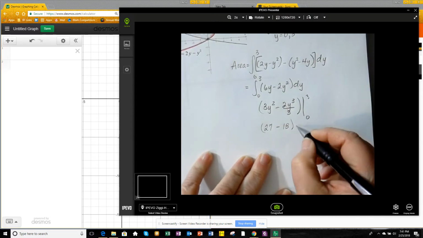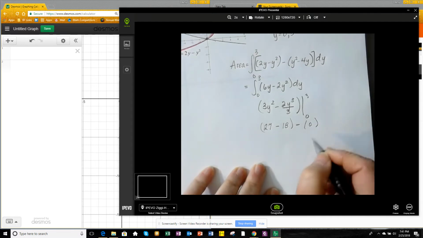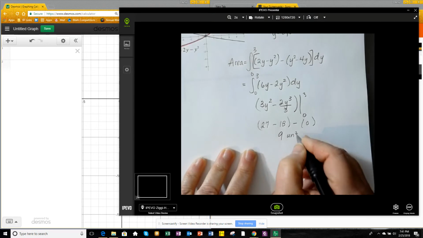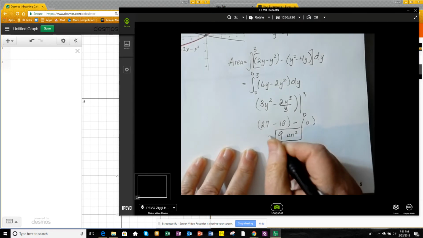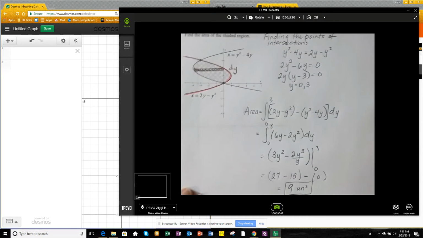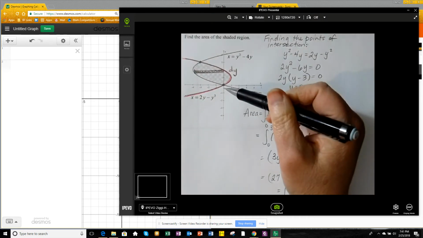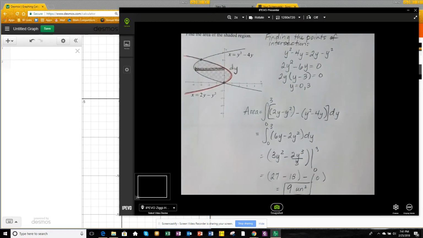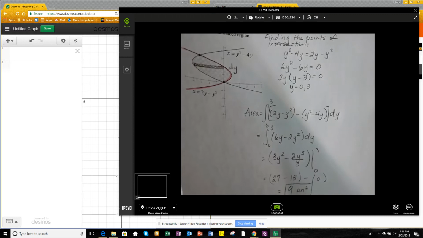That's nice. And when I plug 0 in, I get 0. And then when I subtract 27 and 18, I get 9 units squared is the answer, the area between those two curves. Okay? So don't just go by the picture. Double check to make sure you know what the points of intersection are between the two curves. All right? Last one.